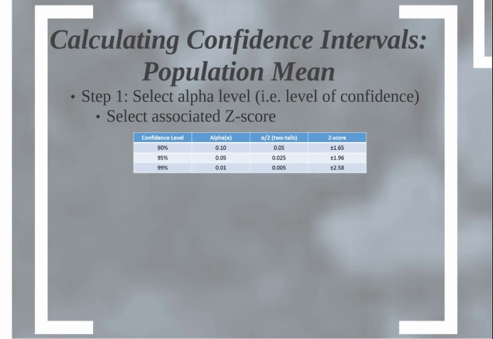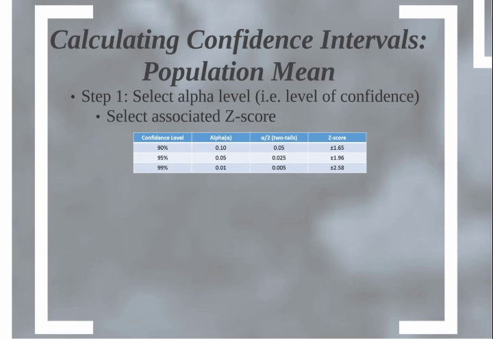So for example, most statisticians use a confidence level of 95%. What that's saying is that 95% of all possible samples fall within the population distribution. This is also saying there's a small chance that the sample that we got actually lies outside of that population distribution, or outside the 95th percentile of that population distribution.